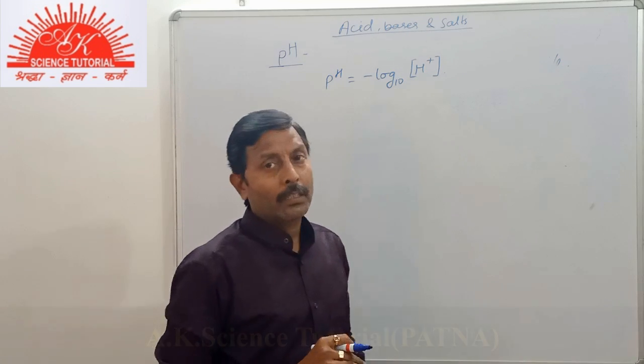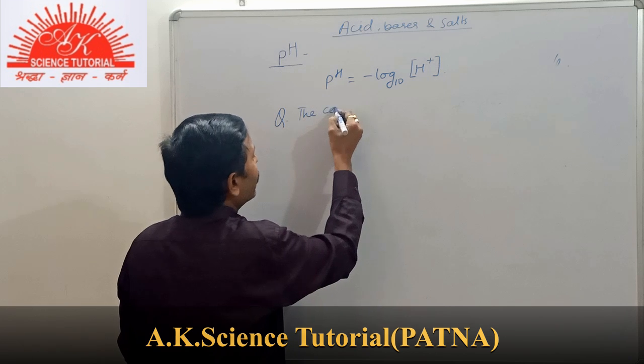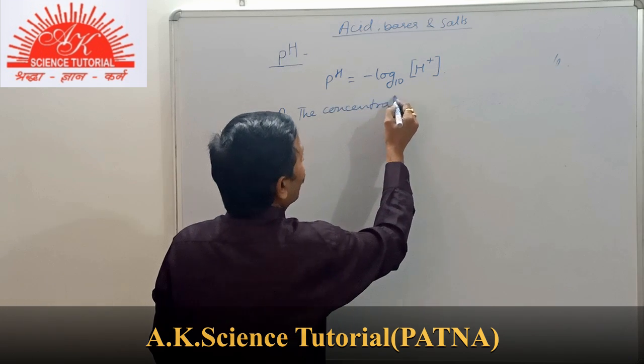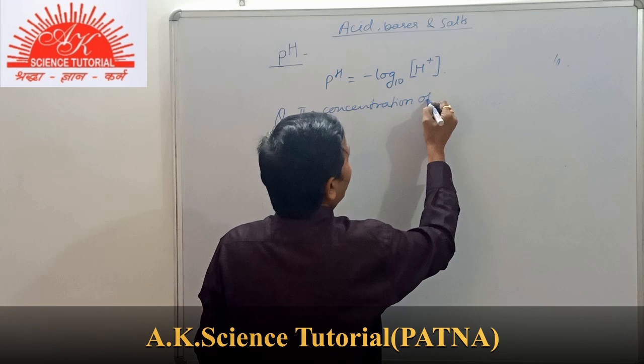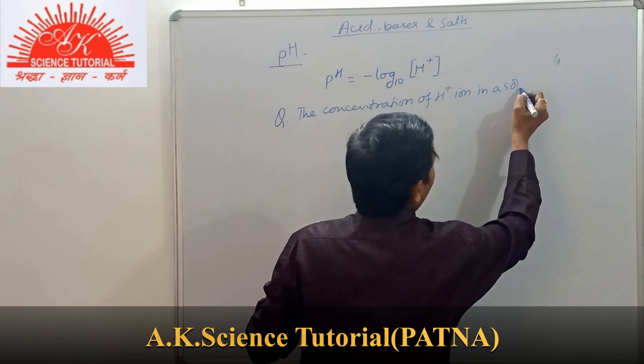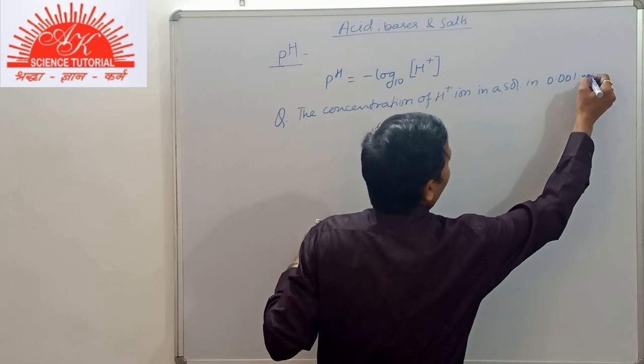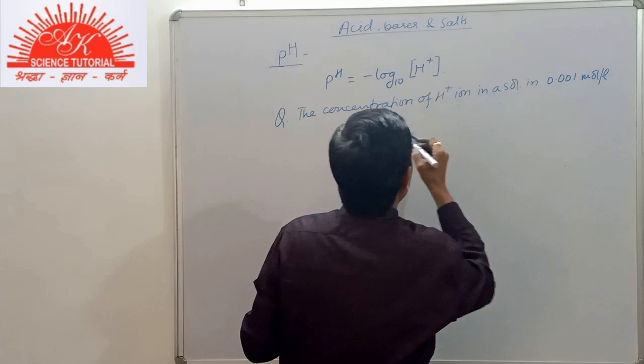Now, suppose a question is asked that the concentration of H plus ion in a solution is 0.001 mole per liter.